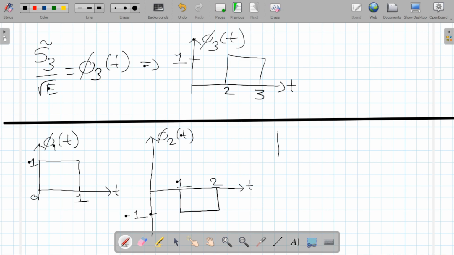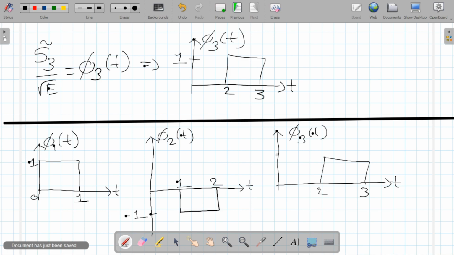And finally we get phi 3 of t ranging from 2 to 3 on the time axis, with value 1. This is how we generally compute the orthonormal basis functions from the given signals.